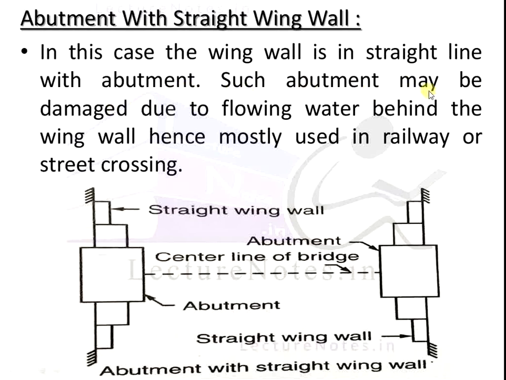Such an abutment may be damaged due to flowing water behind the wing wall, hence it is mostly used for railway or street crossing.